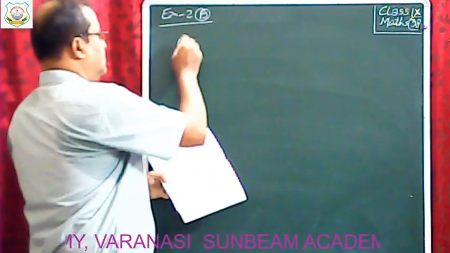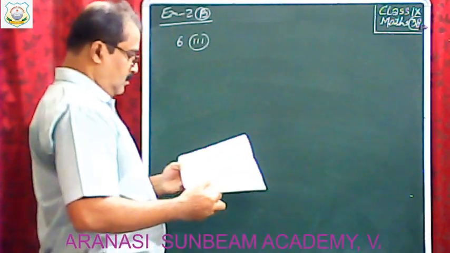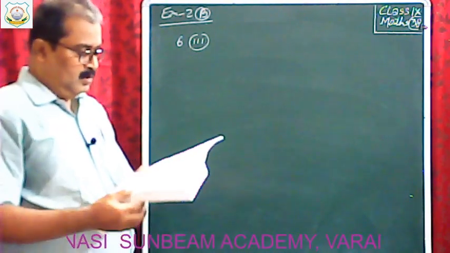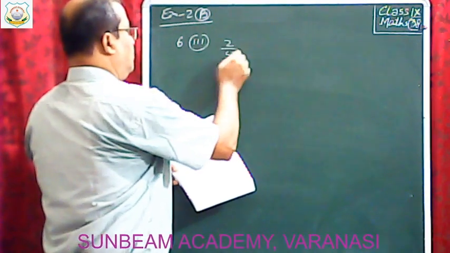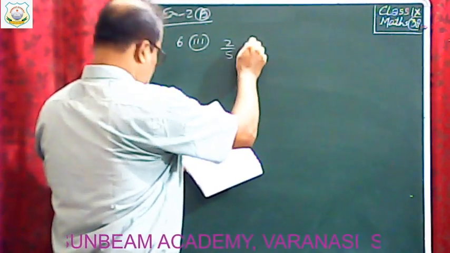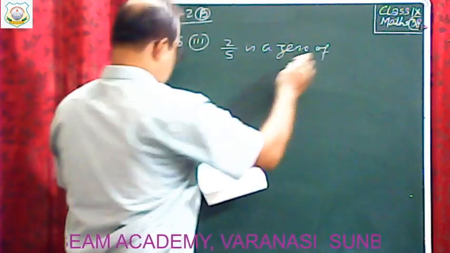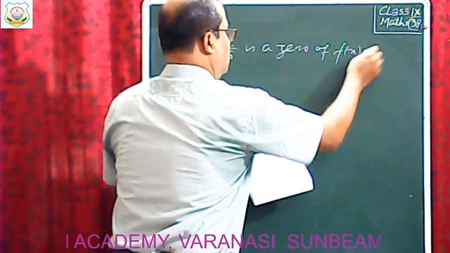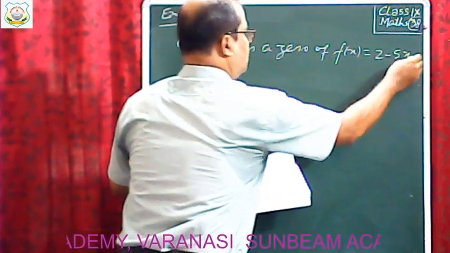Question number 6, taking third. Verify that 2 by 5 is a 0 of polynomial f(x) equal to 2 minus 5x.